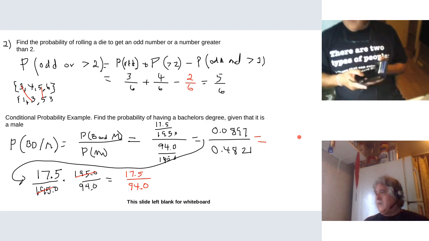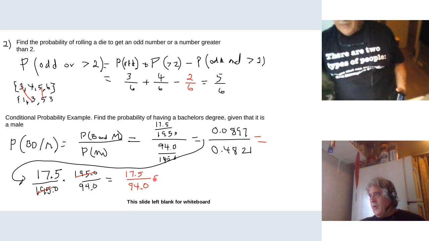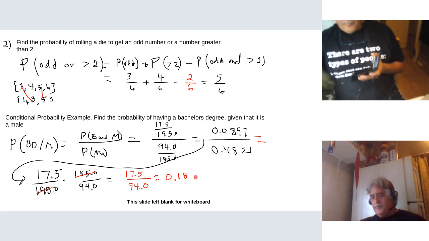All right, so 17.5 divided by 94 comes out to, and again, we're going to have to round it off. I think we said 4 decimal places. So this one right here is actually going to come out to the exact same thing.